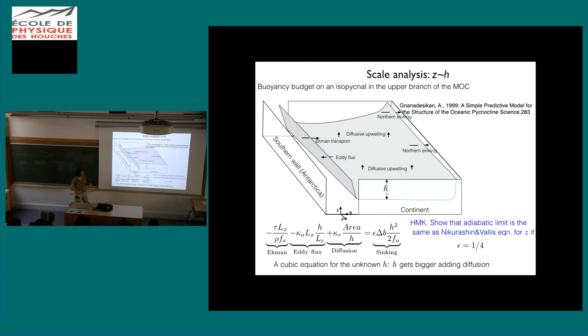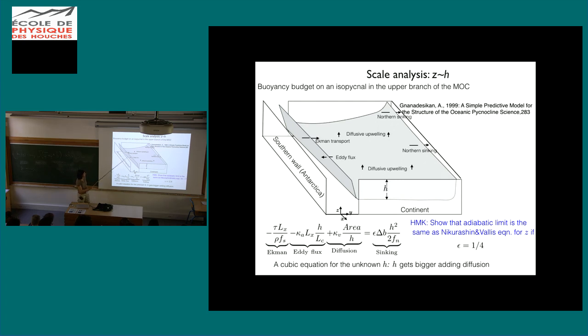And when you put diffusivity in, it becomes quite difficult, and you have to solve it numerically. However, you can do scale analysis on the original equations, and what you find is this balance, which actually was done many years before by this very influential paper.